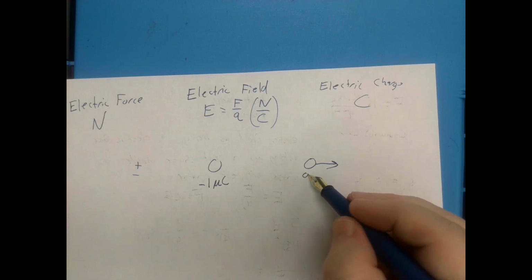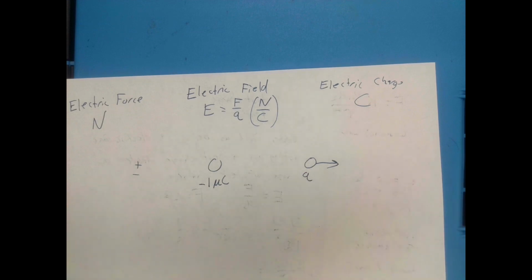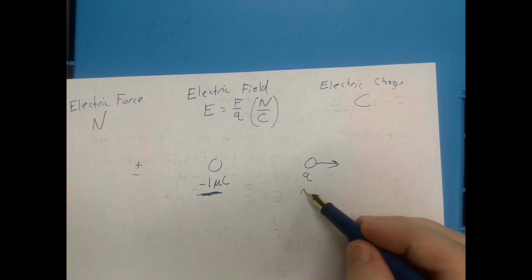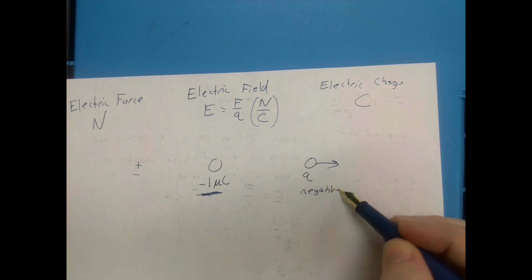Is the charge Q right here positive or negative? If this is a negative charge, then this has to be negative too because it's repulsive.